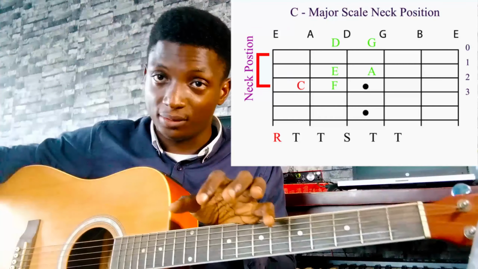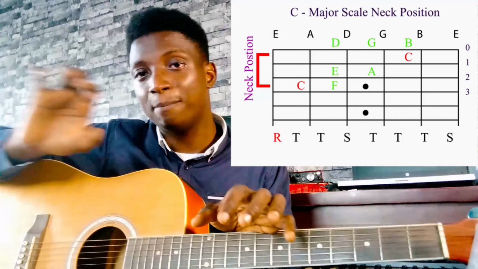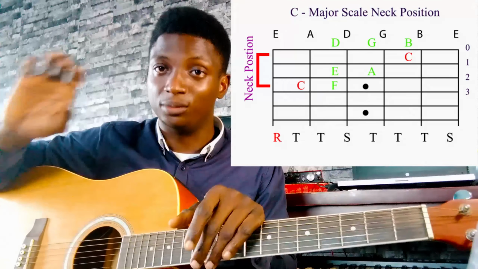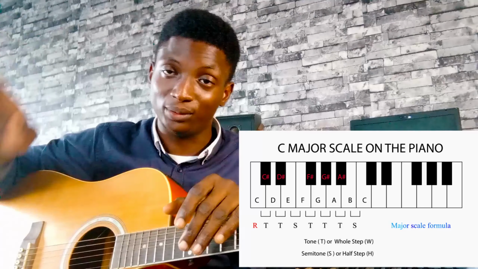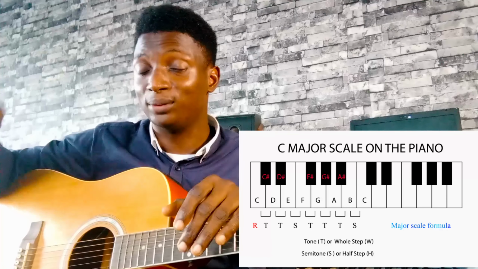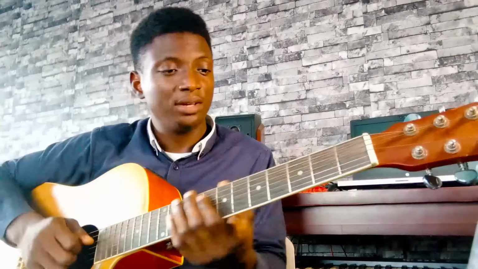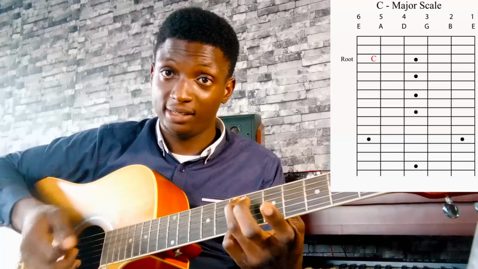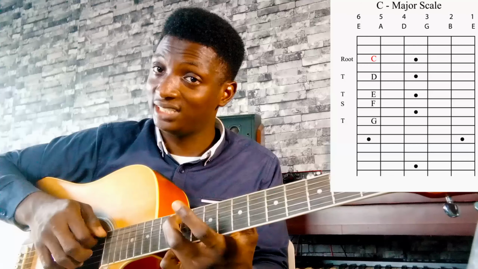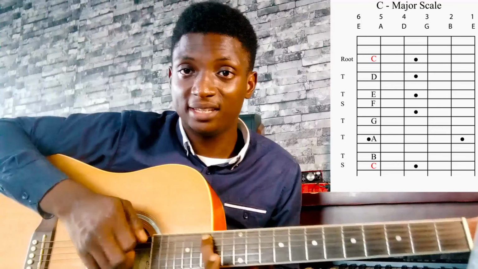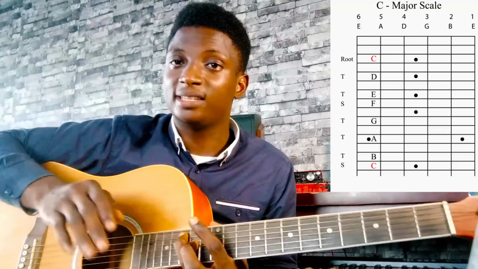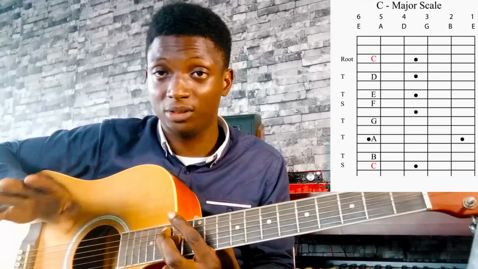Write out the chromatic scale first, then apply the major scale formula: tone, tone, semitone, tone, tone, tone, semitone. So if you do that, you get C, D, E, F, G, A, B, then C. The C major scale has no black keys. You're not touching accidentals, right?